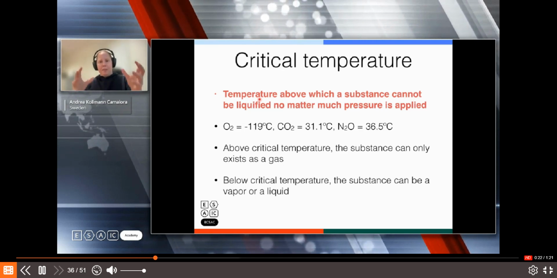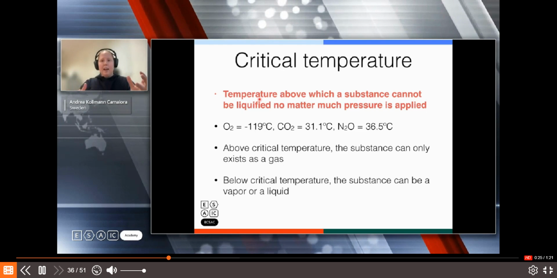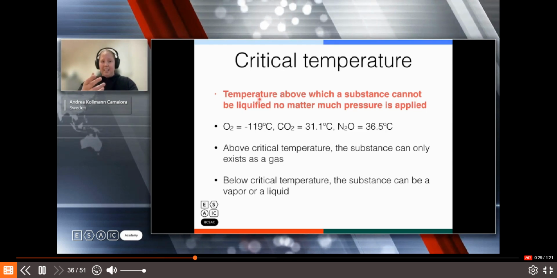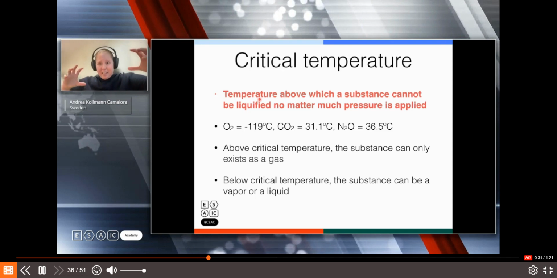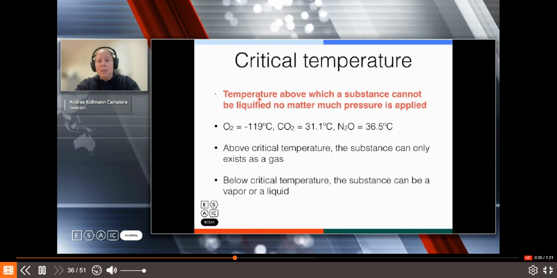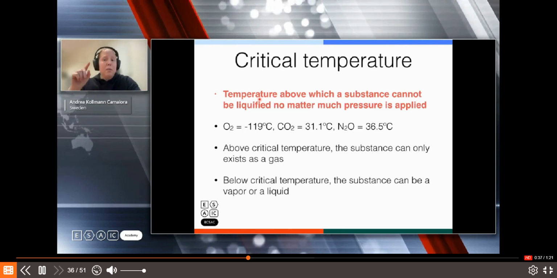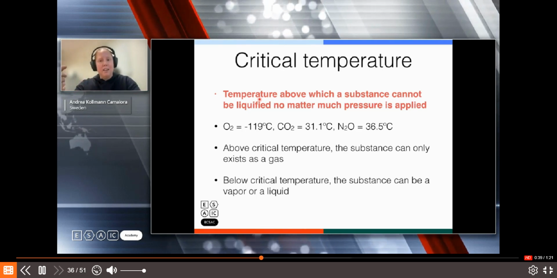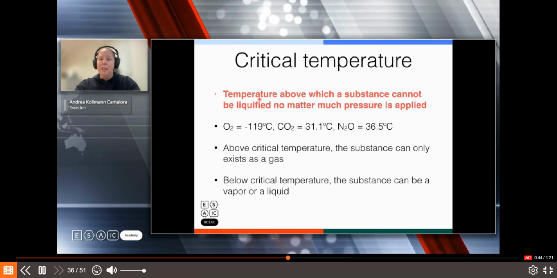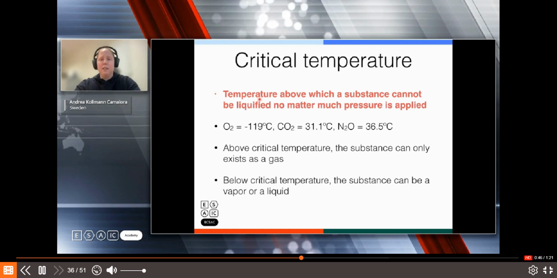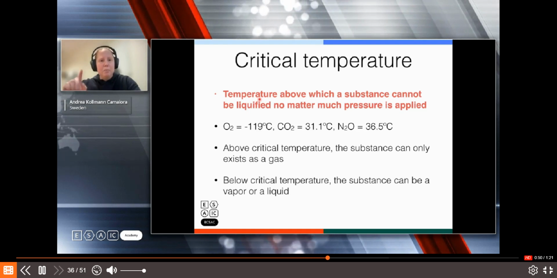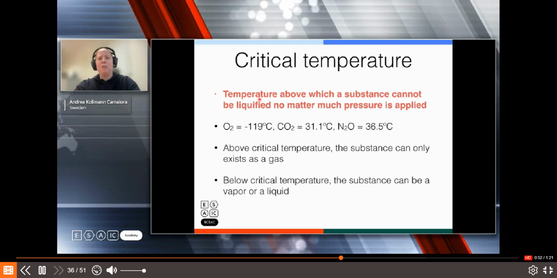So if I put my substance above the critical temperature, it doesn't matter how much pressure I apply, I cannot turn it into a liquid, because the molecules have too much energy to be turned into a liquid.